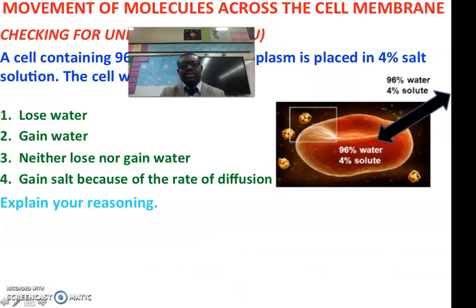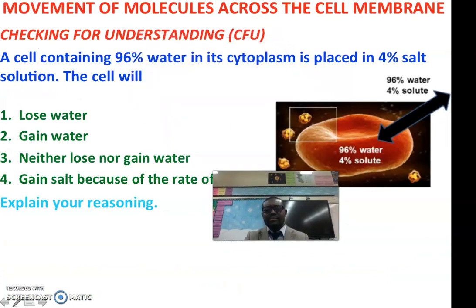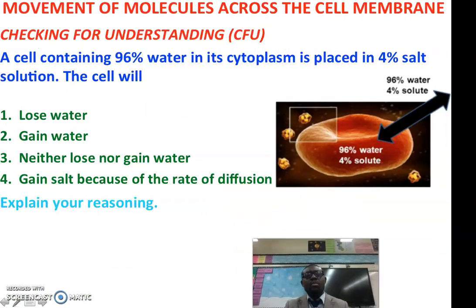So now let's do this checking for understanding. We are looking at the movement of molecules across the cell membrane. The question says, a cell containing 96% water in its cytoplasm is placed in a 4% salt solution. Before we even look at the question, we need to understand what it is about.